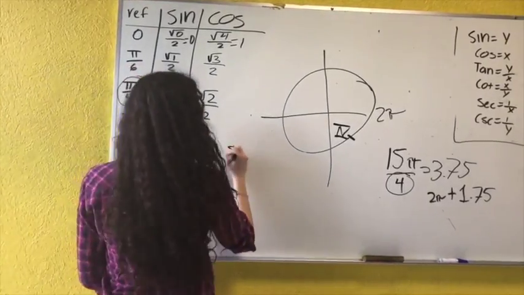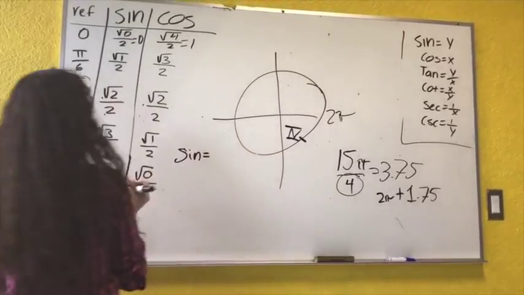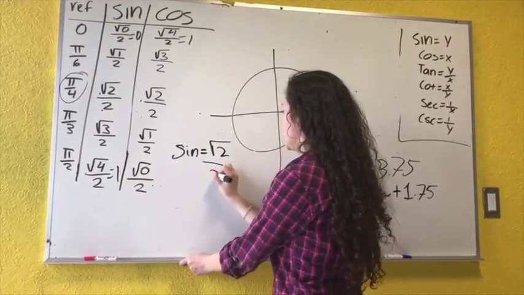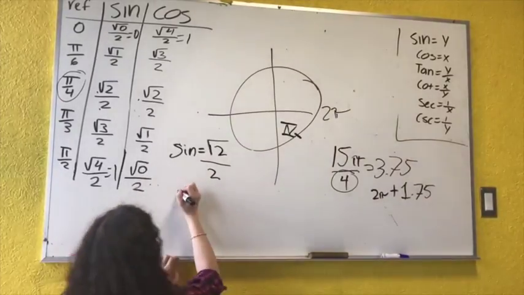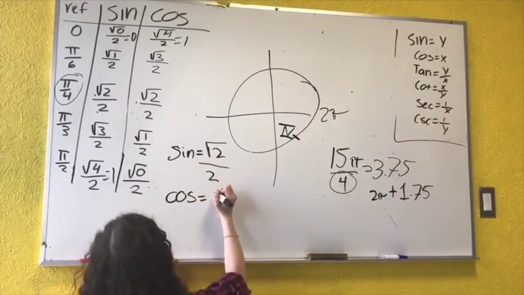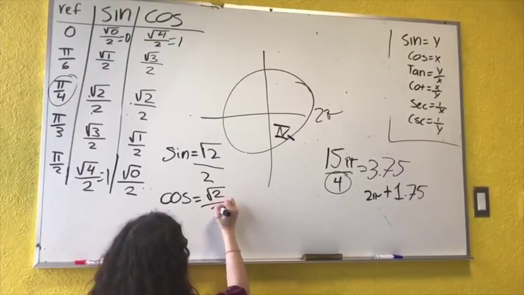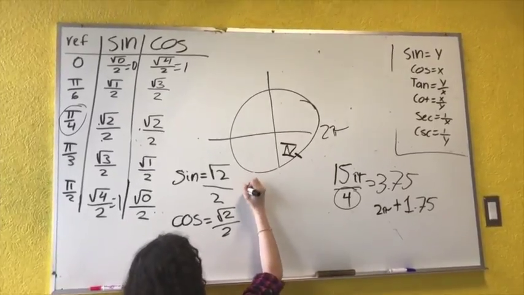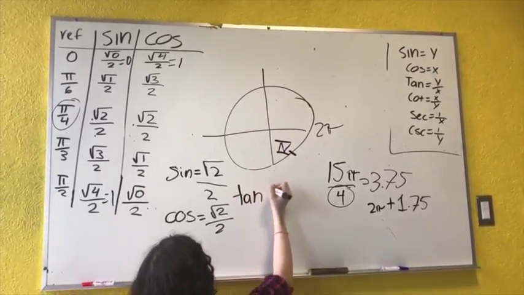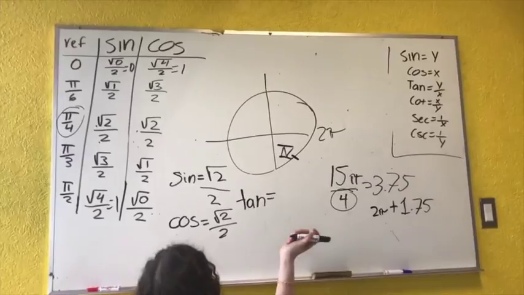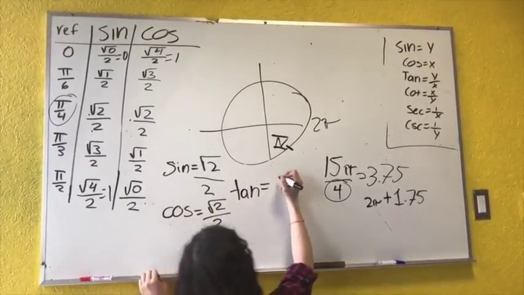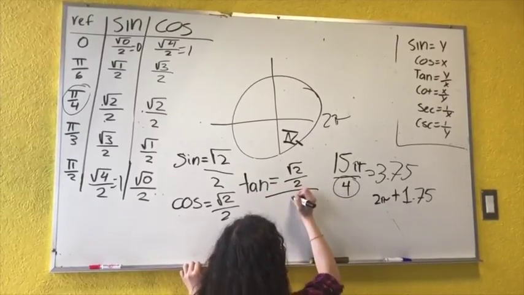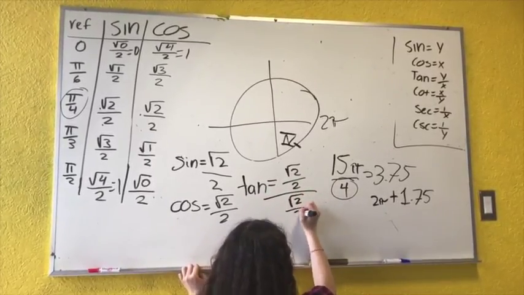So sine, it's going to be the root square of 2 over 2. Cosine, it's going to be the root square of 2 over 2. So now we're gonna go with the rest of the trigonometric functions, which is tangent, which is y over x, so sin over cos, so the root square of 2 over 2 divided by the root square of 2 over 2.